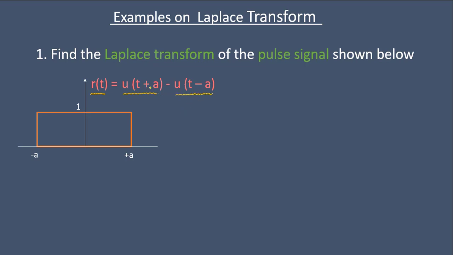So in u of t plus a and u of t minus a, there is a time shifting. We have already seen the time shifting property for a step signal: u of t minus t naught has Laplace transform e raised to minus s t naught upon s. So using this property, we can easily find the Laplace transform of the signal r of t.